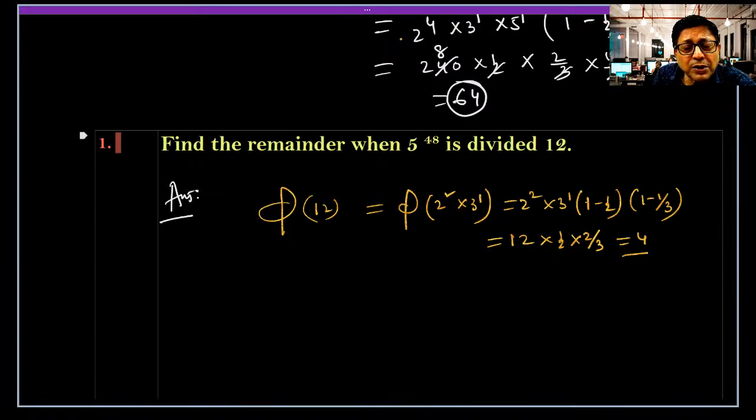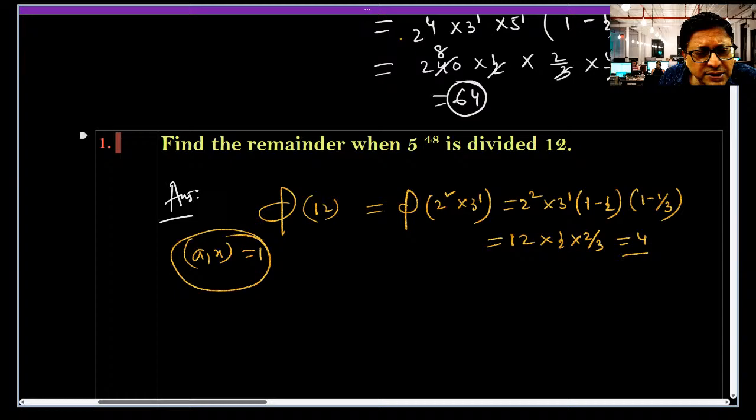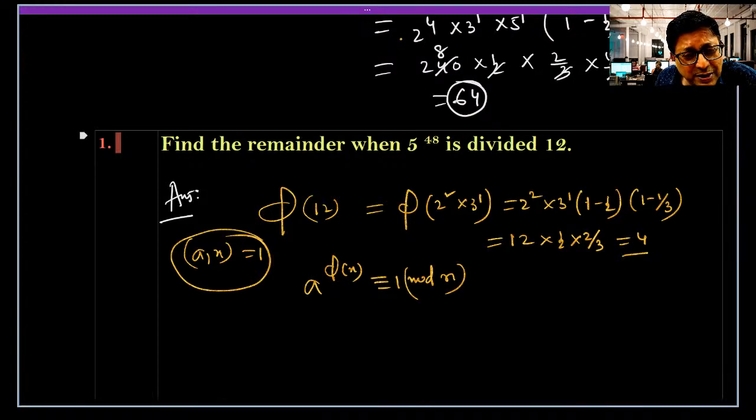What can we write? 5 is a number which is co-prime with 12. If A is co-prime with n, then what does Euler's theorem state? A to the power phi n is congruent with 1 mod n.